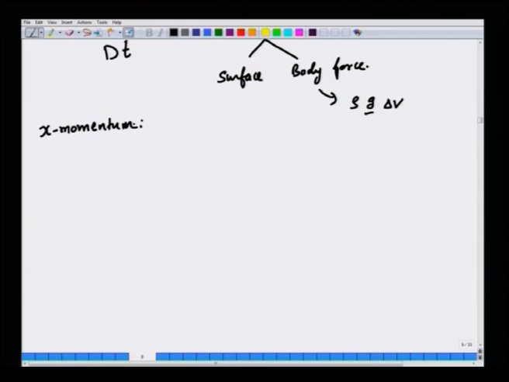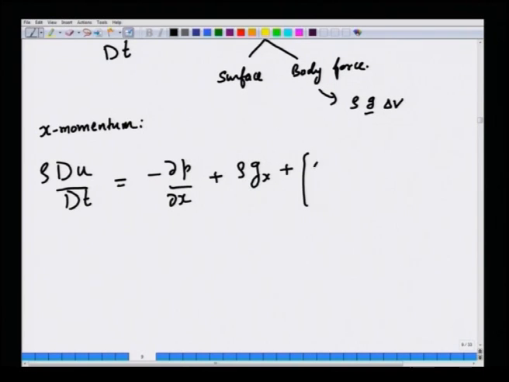So, the x momentum equation will look like this: rho times the substantial derivative of u with respect to time is minus partial p partial x plus rho g x plus partial tau x x by partial x plus partial tau y x by partial y plus partial tau z x by partial z.